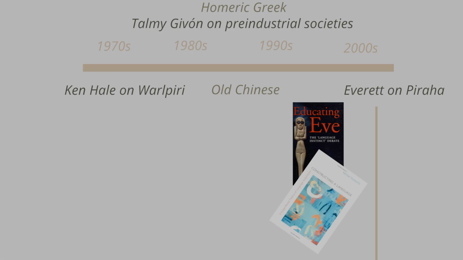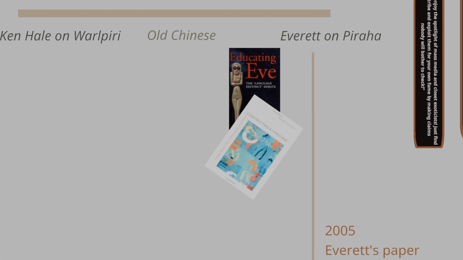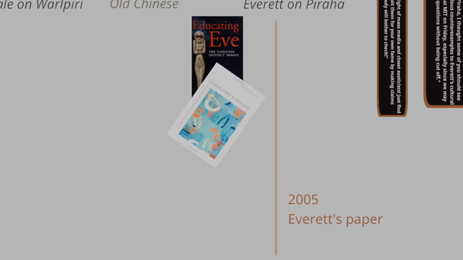So what changed? What was different in Everett's case? A big factor was probably just the timing. While recursion had always been central to Chomsky's work, the 2002 HCF paper really put that issue front and center. Everett's paper landed right in the middle of an already heated debate over the HCF paper. Media sensationalism probably didn't help.